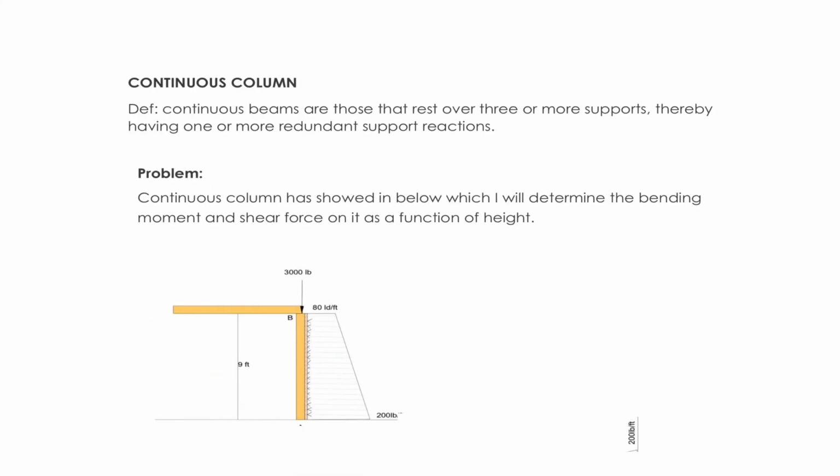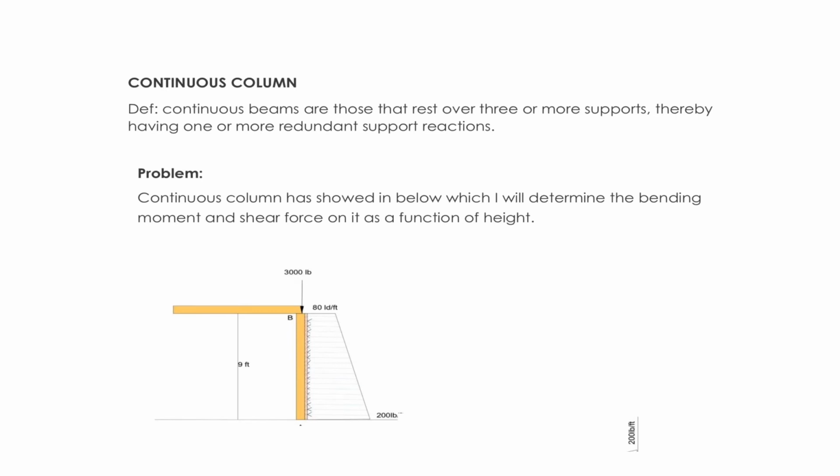And additionally, continuous beams or columns. By definition, continuous beams or columns are those that rest over 3 or more supports, thereby having one or more redundant support reactions. As a problem, a continuous column is shown here. We will determine its bending moment and shear force as a function of height, so we have to flip it into a different position.